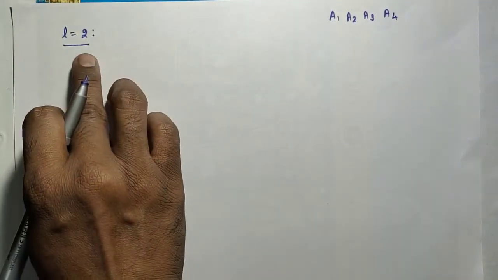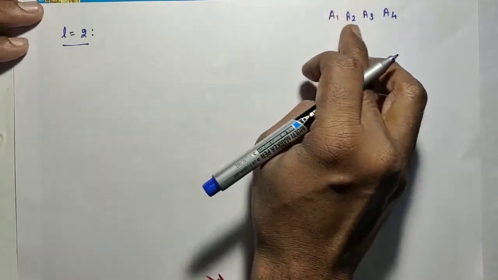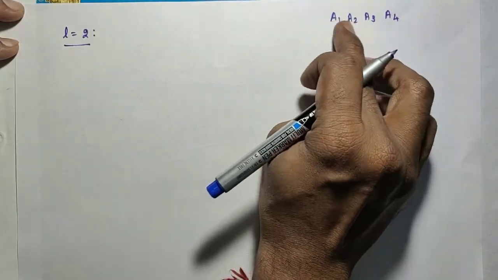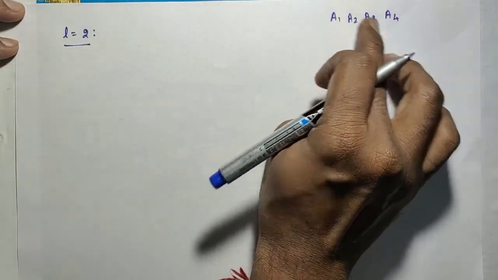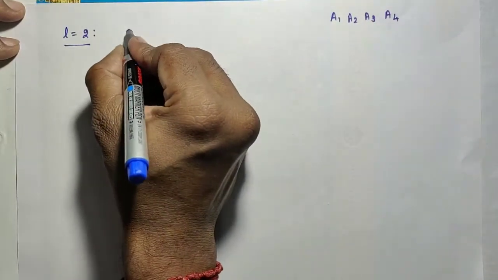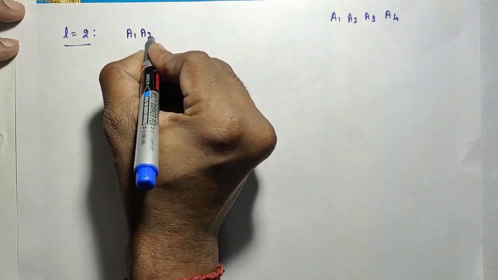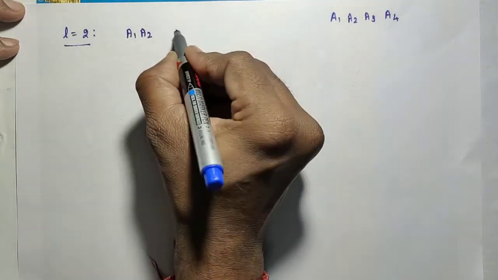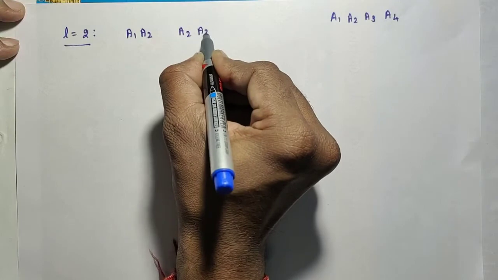With length equal to 2, what are all the possible multiplications in this series? One is A1, A2 can be multiplied, but A1, A3 cannot be multiplied. So one combination is A1, A2. Another combination is A2, A3.